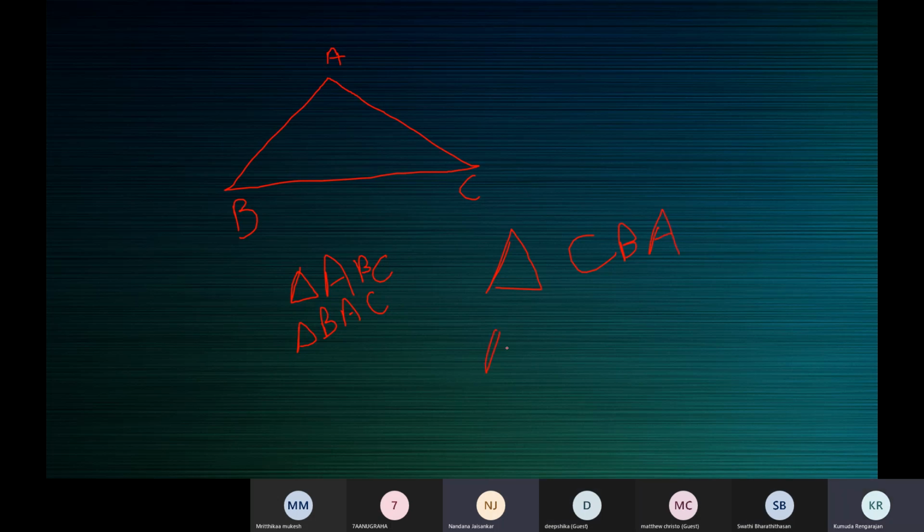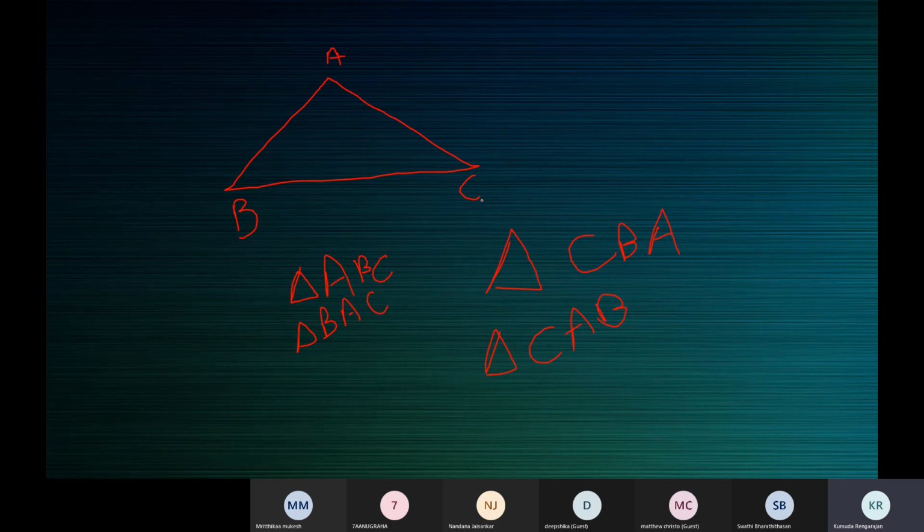Can I say triangle CAB? Yes, ma'am. Okay. So we have these letters A, B, and C. They can come in any order. Just that you should make use of all these three letters A, B, and C.